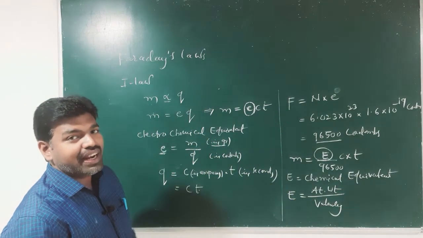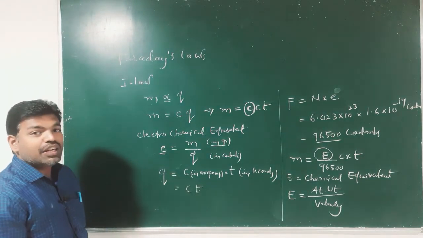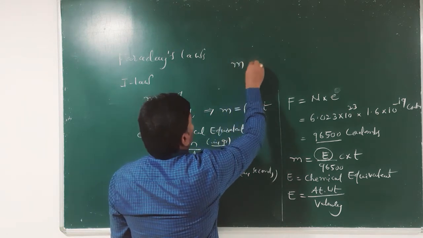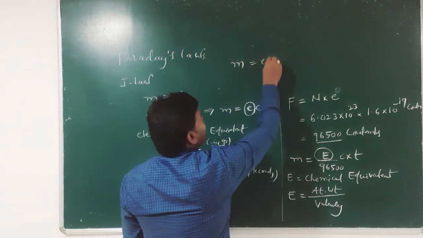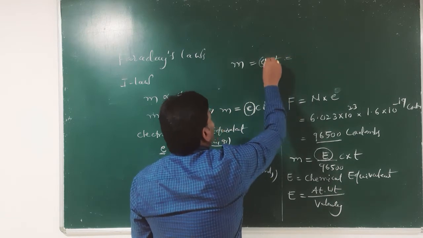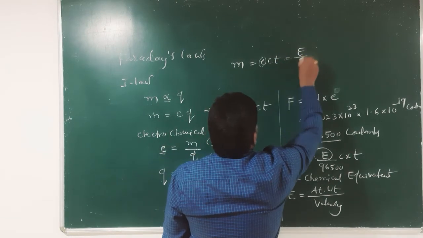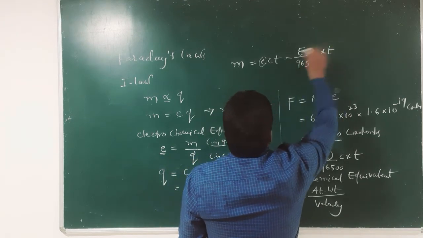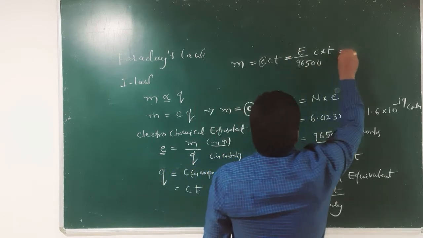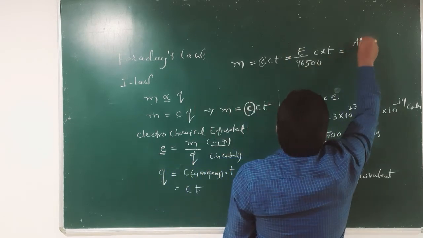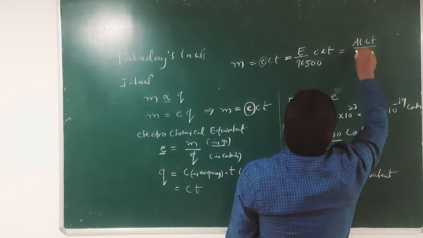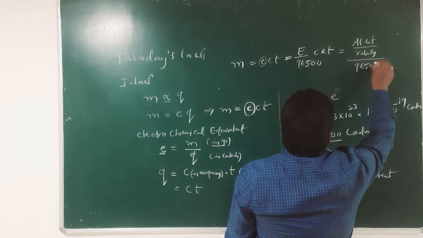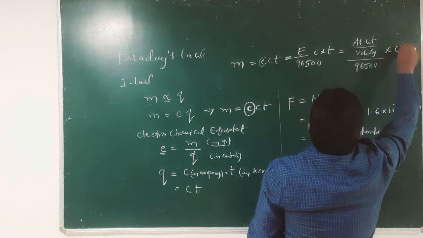Therefore, we can write the mass of substance deposited at the electrode, M is equal to ZCT. If we replace the electrochemical equivalent with E by 96,500 into C into T, and replace the chemical equivalent with atomic weight by valency, by 96,500 into C into T.